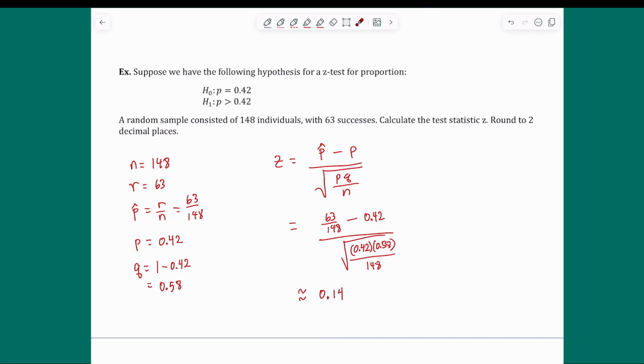So based on the test statistic, this is not too far away from p, and so we'll probably get a large p-value if we compute the p-value for that. But in any case, that's how you compute the test statistic.